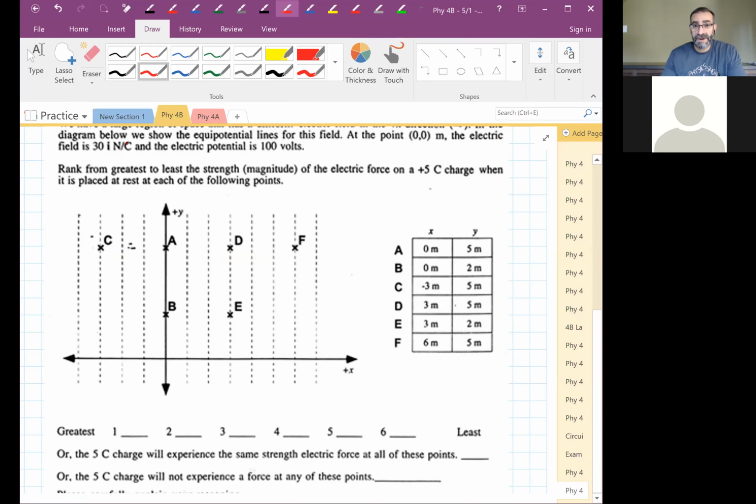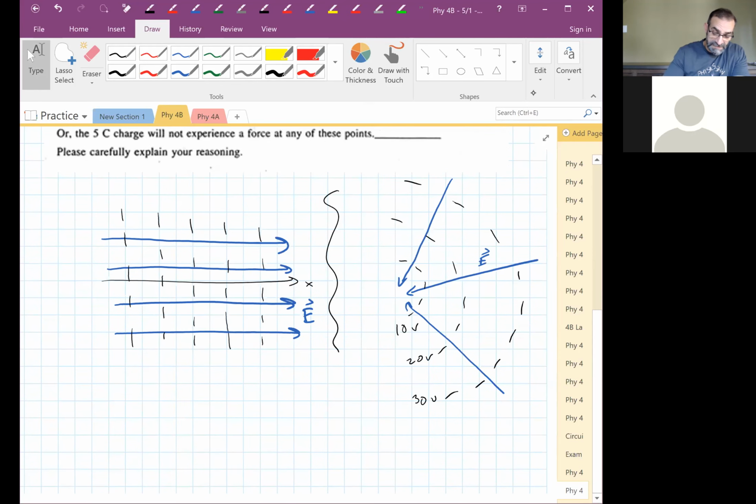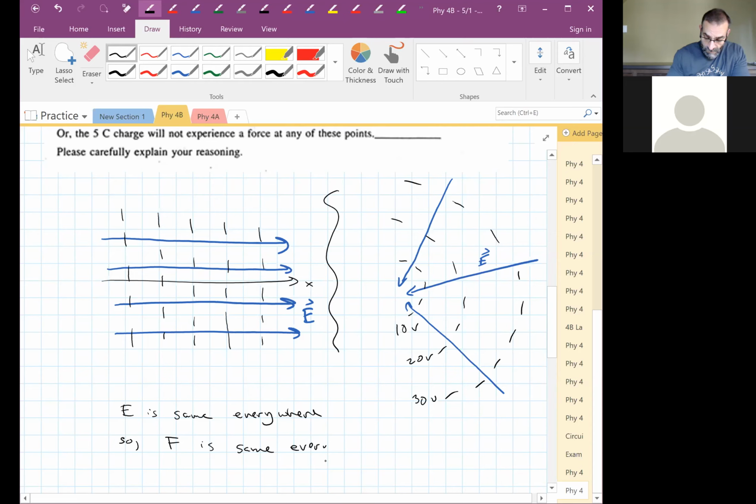Doesn't matter where you put that particle, it experiences the same force. The electric potential is different, yes.